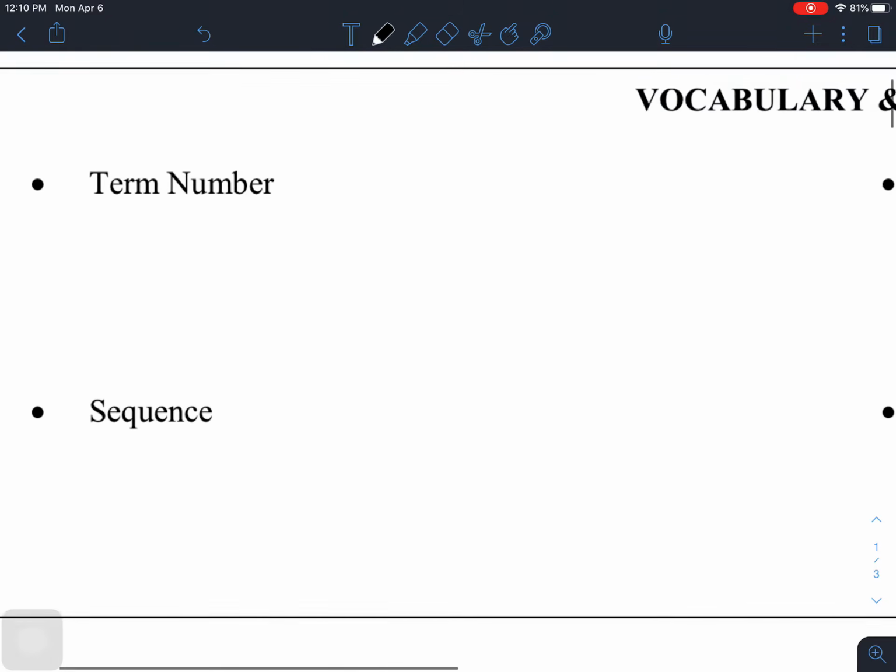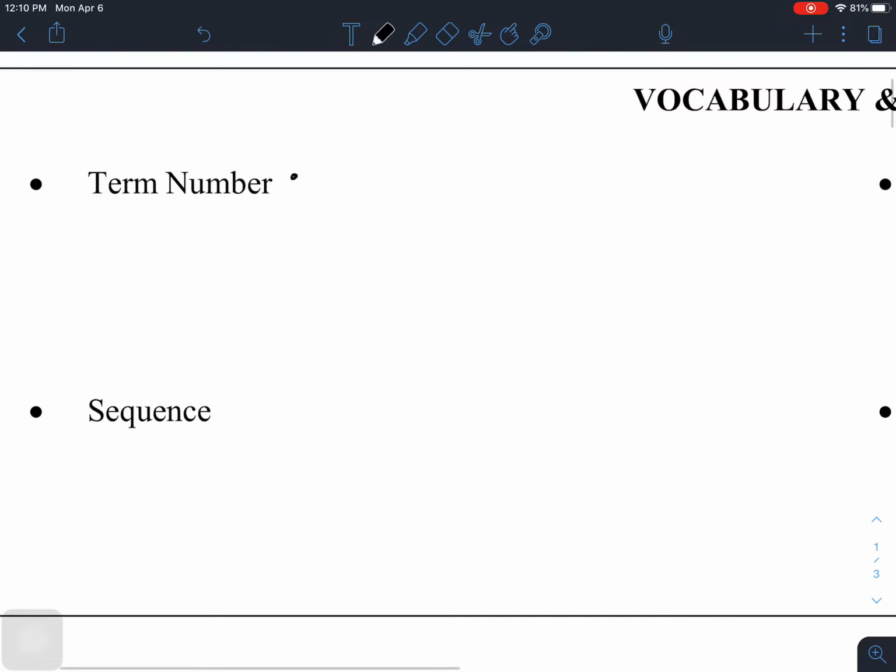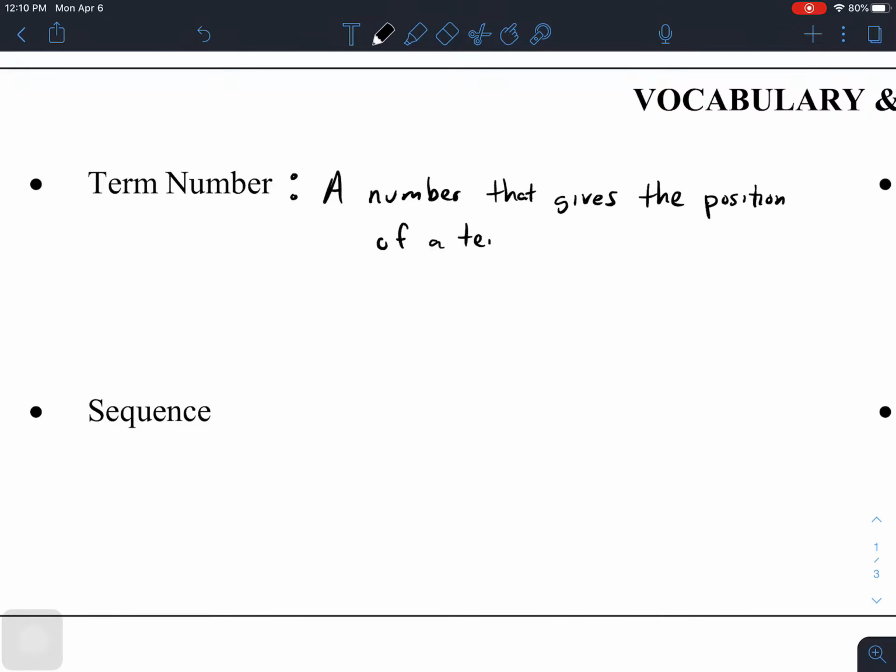So the first vocab word we're looking at is term number. Term number is a number that gives the position of a term in a sequence.